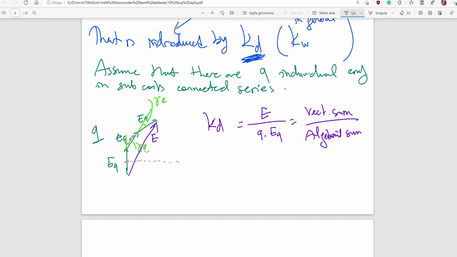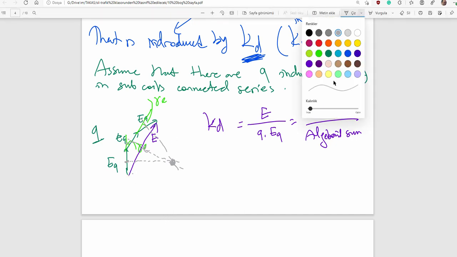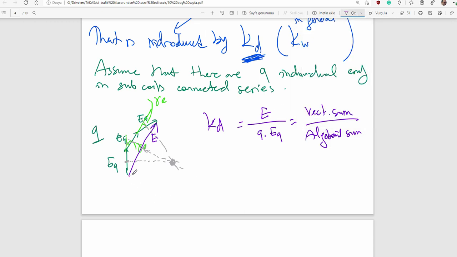Let me make another intersecting line. Let me make another one. All those meet at a certain point. Let's say the center.